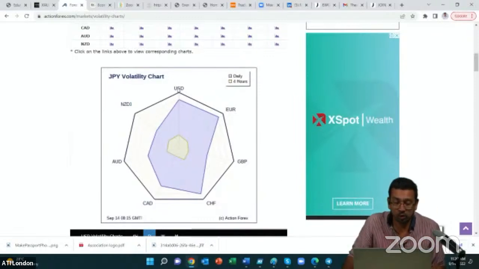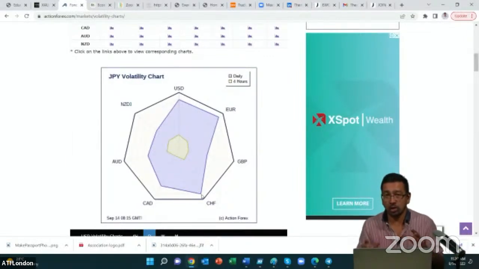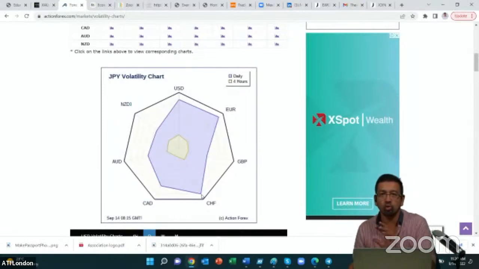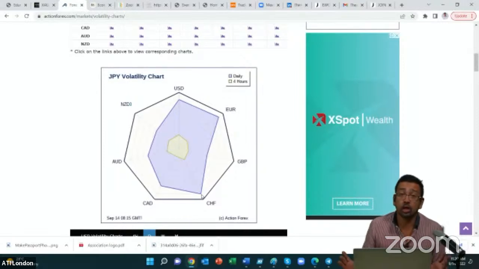So USD JPY, Euro JPY, and CHF JPY would be amongst the JPY crosses that would have the highest volatility. So these are ones to pay a lot of attention to in conducting your trend analysis when you go onto your chart. Okay, I hope that's clear, guys.